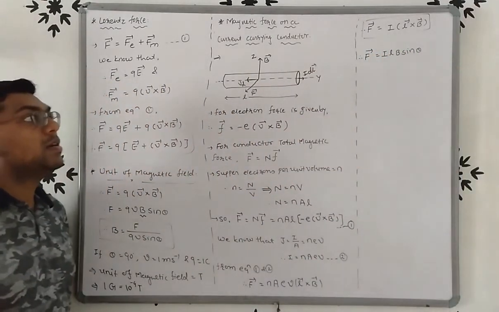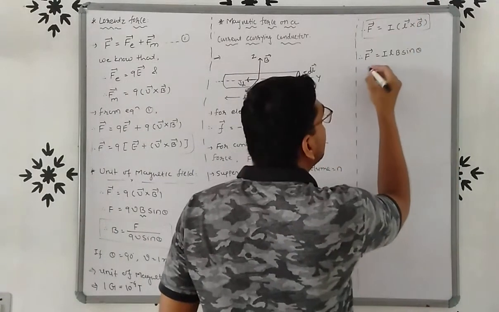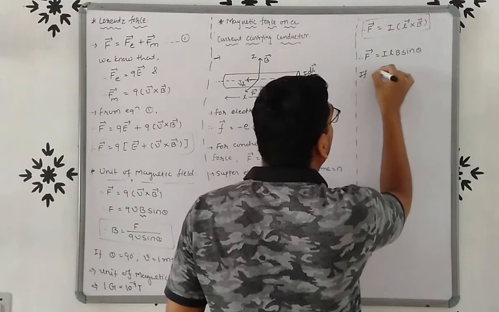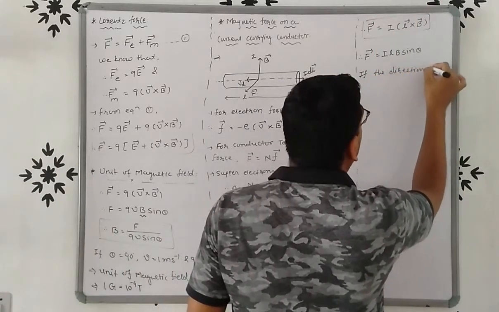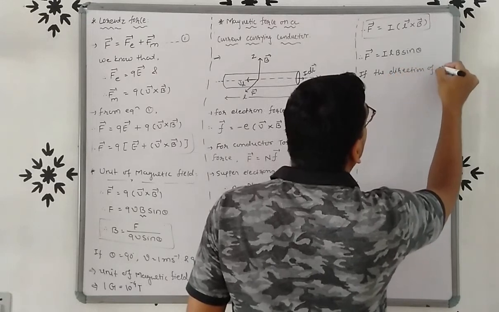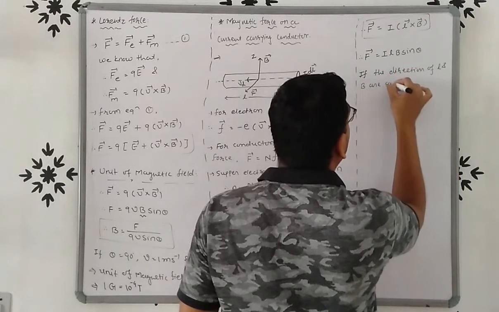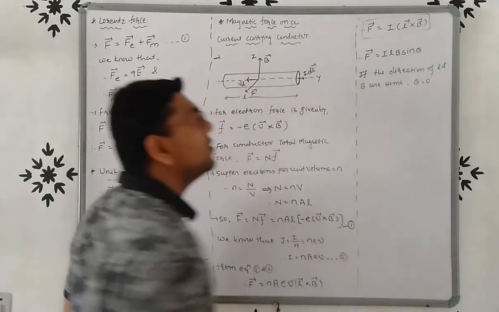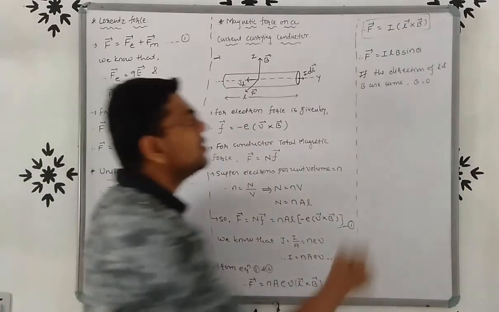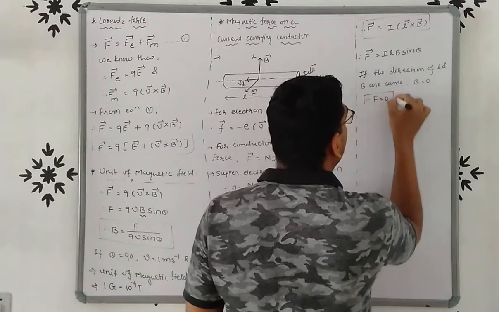Now suppose the direction of L and B are the same, then theta is equal to 0, but we know that sin 0 is 0, so F is equal to 0, right?